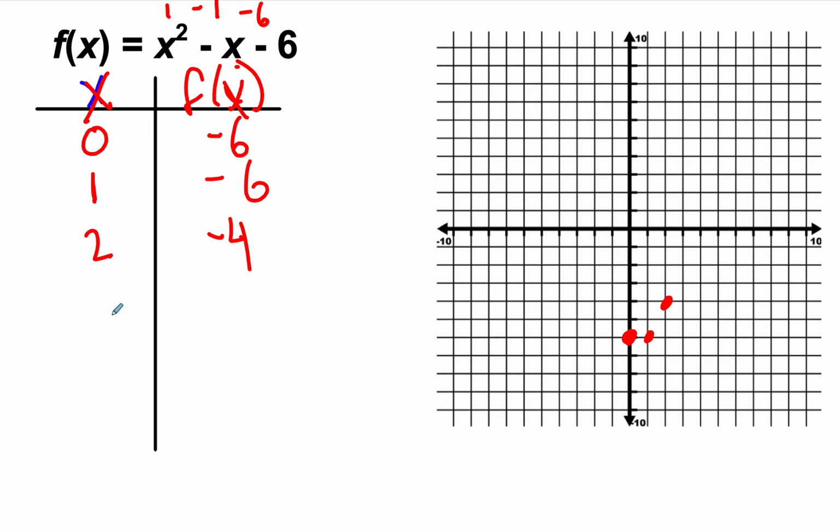Okay. What about 3? 3 squared is 9, 9 minus 3 is 6, 6 minus 6 is 0.